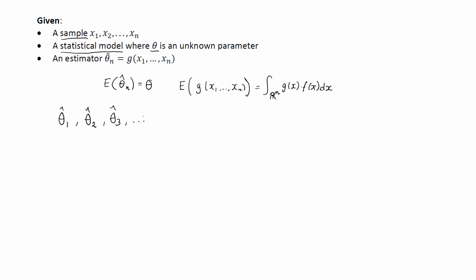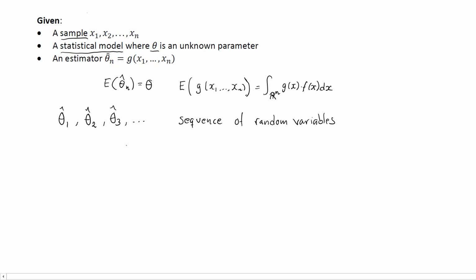Since we think of estimators as random variables, at least before we collect the data, this is a sequence of random variables. In general, the higher the n is, that is, the more observations I have, the better should be my estimator. I have more information, so I should be able to make better estimates of theta.